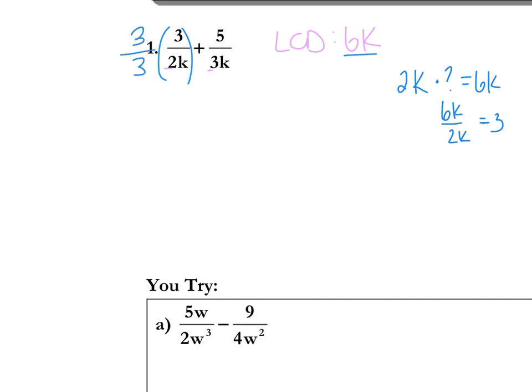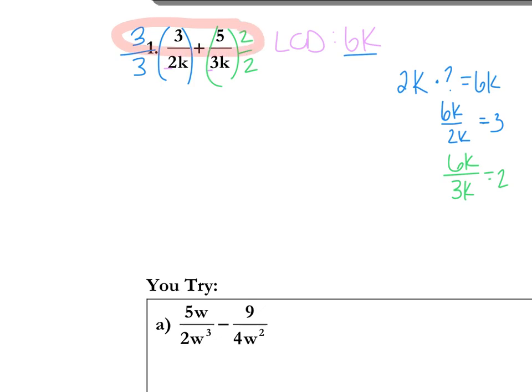And then I have to do the same thing with the other fraction. So 6k divided by 3k equals 2. So I have to multiply top and bottom by 2/2. Okay, so we multiply by missing parts, and now I have to make sure that I simplify the numerator before I do anything else. So I'm just going to go ahead and circle this to make sure that we're doing that first.